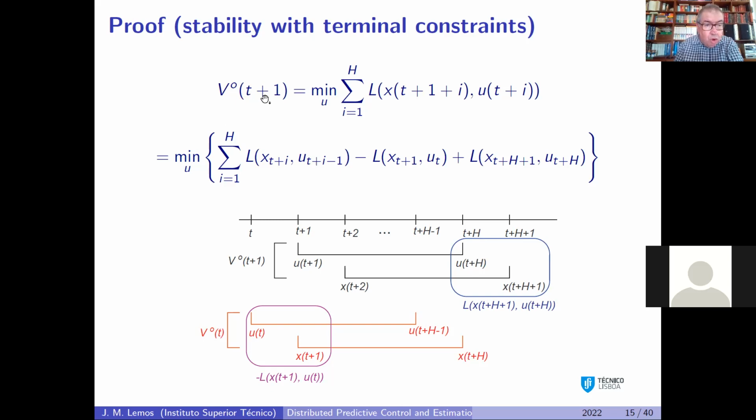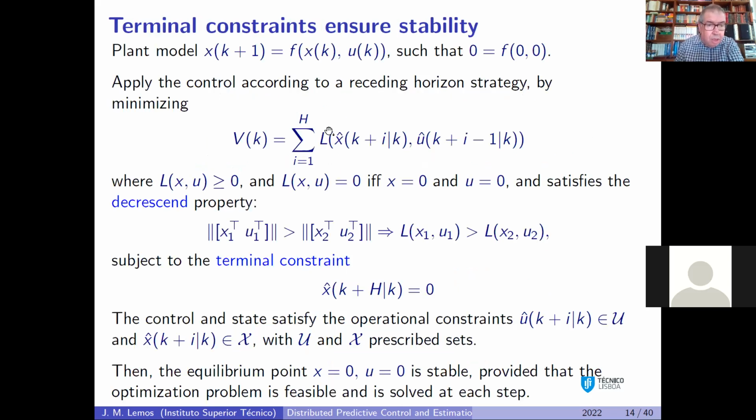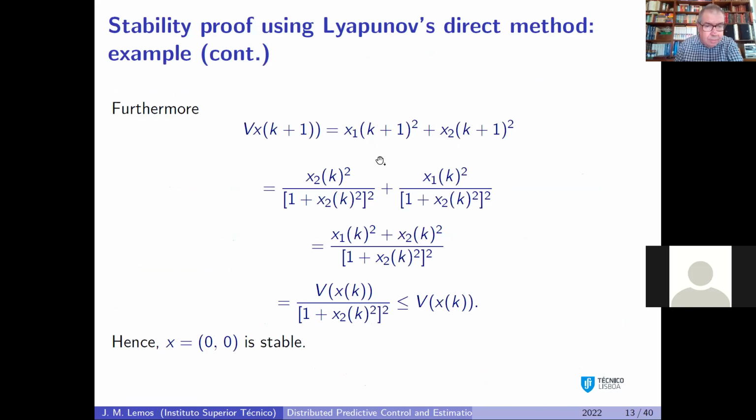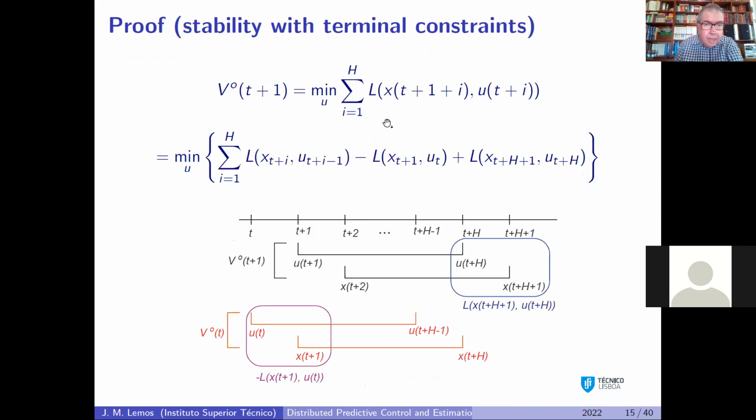And I want to then manipulate the expression of V0 to compare it with V0 of t. Okay? So let's start by just observing that V of t plus 1 is what we had before here, but now with t or k replaced by t plus 1.